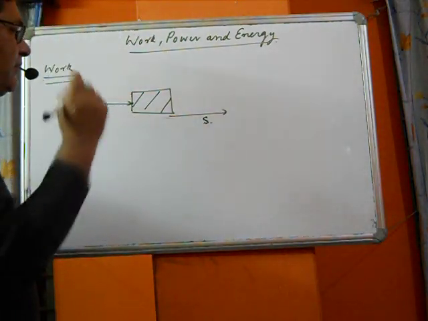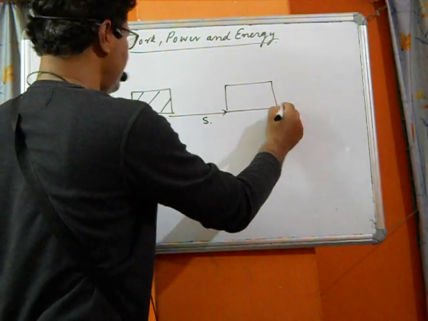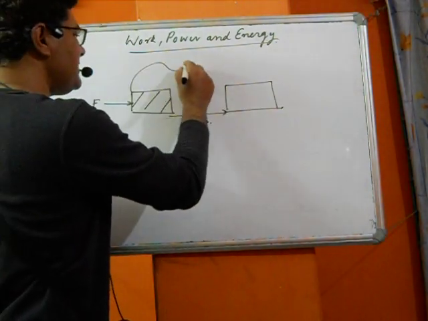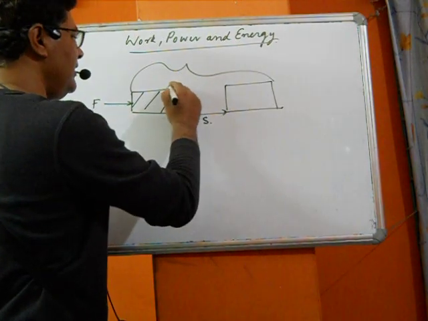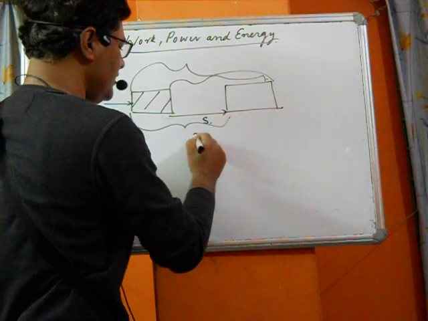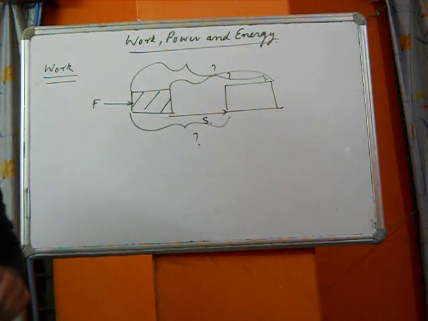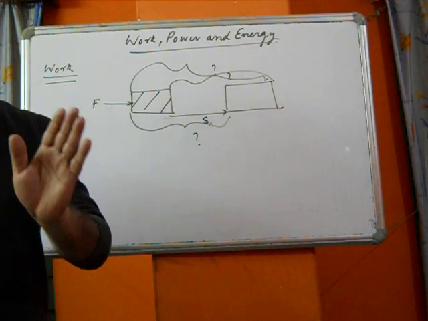How much displacement? When we are talking about displacement, that means the object comes here. That means we will consider the displacement from here to here, or from here to here. Which one? This question. So let's redefine the definition in this way.